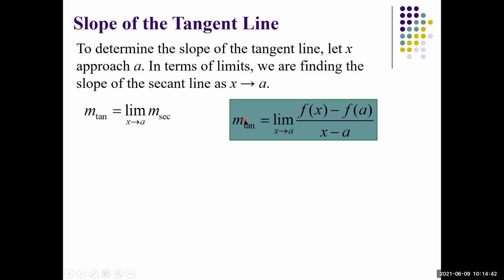This is the slope of the tangent line to the graph of f of x at x equals A.